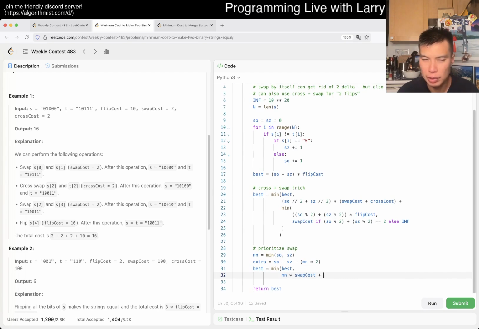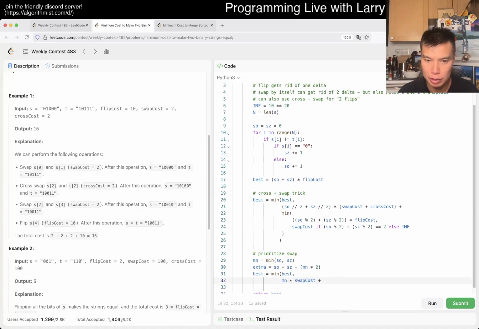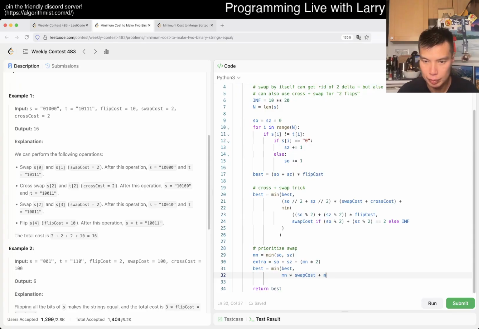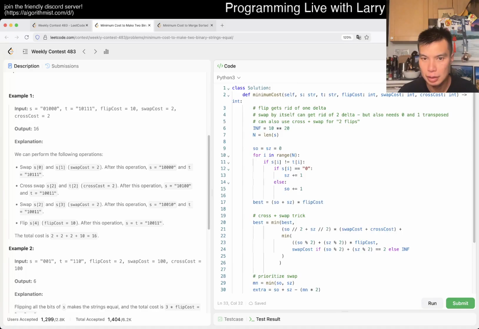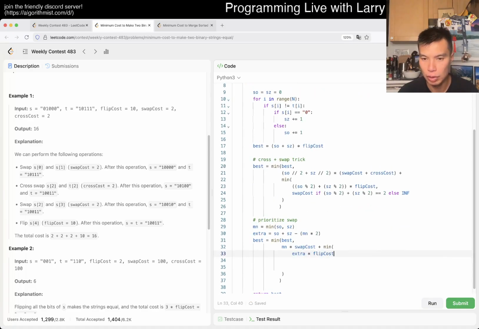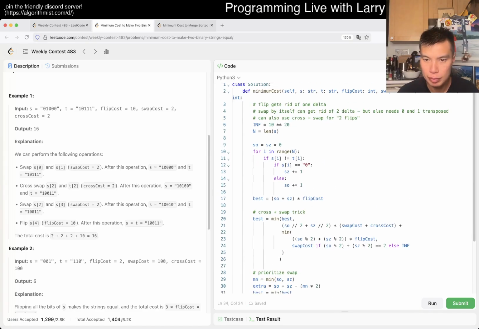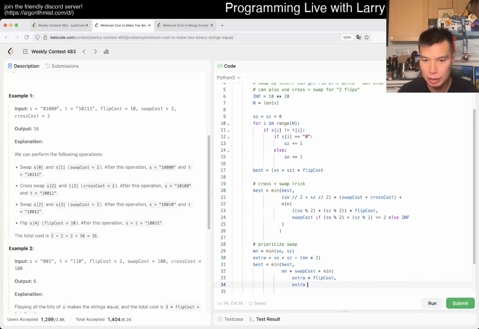What are we doing about the extra ones? Extra ones, we either just do the flip cost, or we do the swap thing trick.